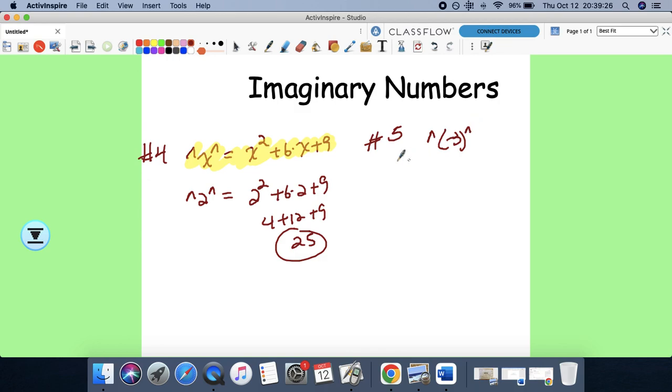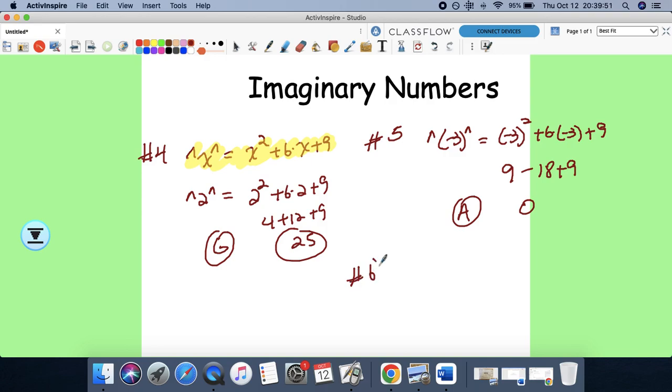So I take negative 3 to the second power plus 6 times negative 3. Do me a favor, when you see a negative number, put it in parentheses. It's just safer. 9 minus 18 plus 9 gives me 0. So 5 is 0, which is letter A. Number 4 was G.